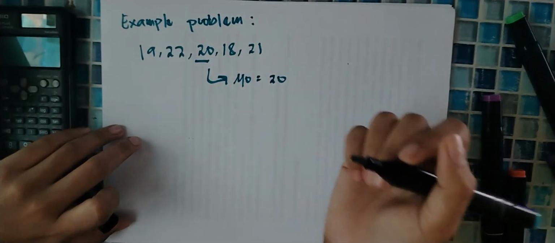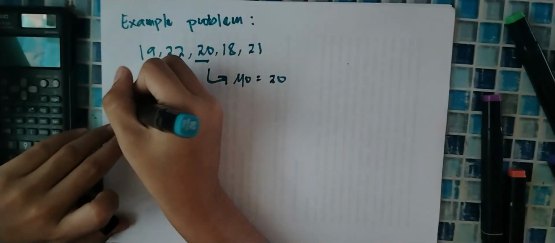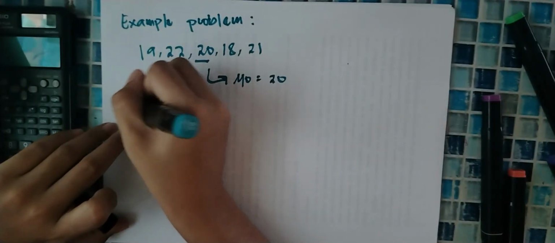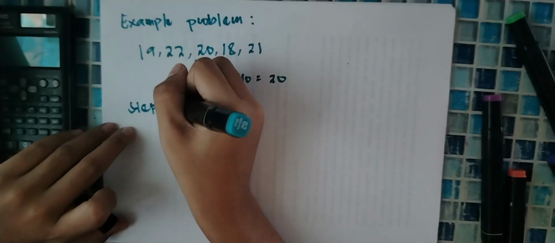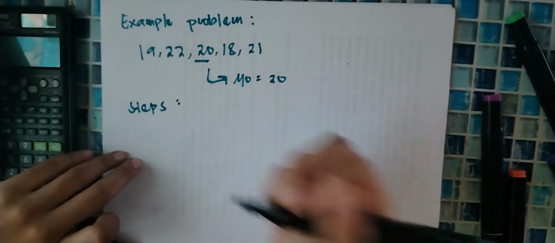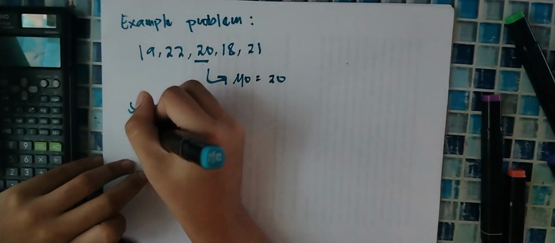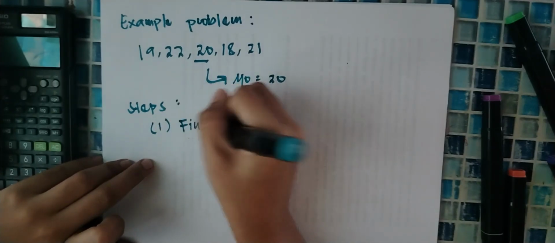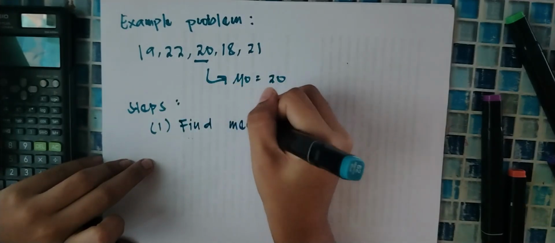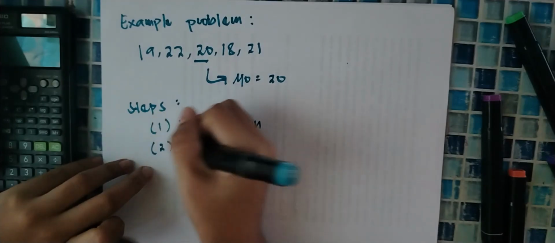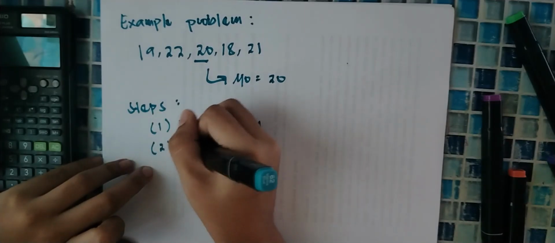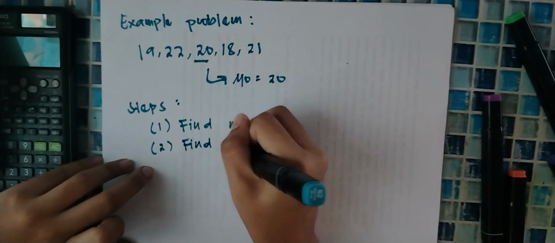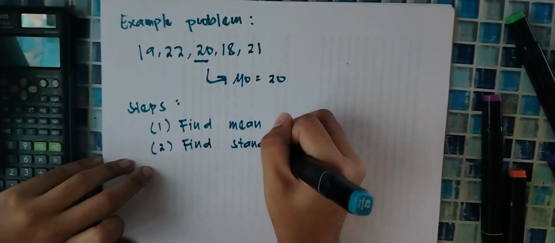So we have a 5-step process to solve this problem. Step 1 is to find the sample mean, and next is to find the sample standard deviation.